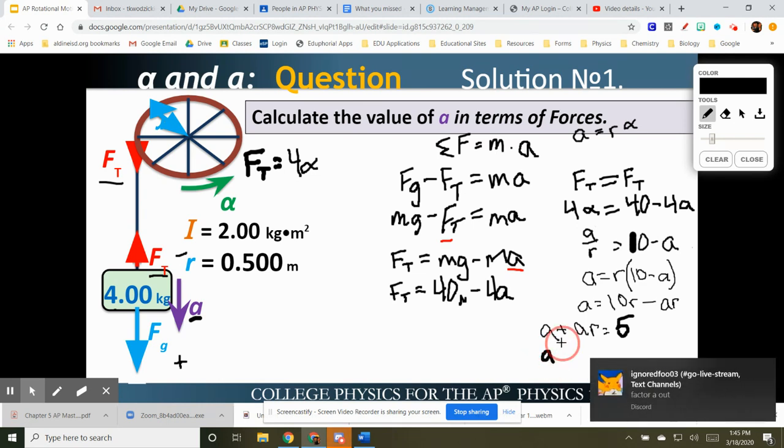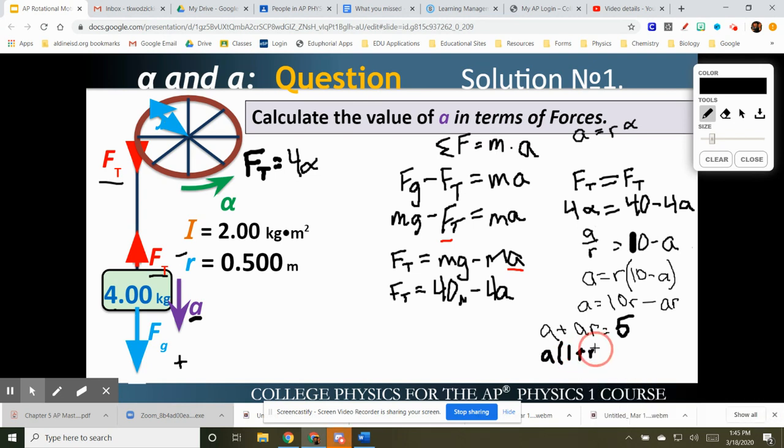Oh, factor. Yeah, that's the right word. 1 plus R. Yeah, I don't like algebra sometimes. So then 1 plus R is, yeah, 1.5, because R is a given. So 1.5A equals 5. So then 5 divided by 1.5.